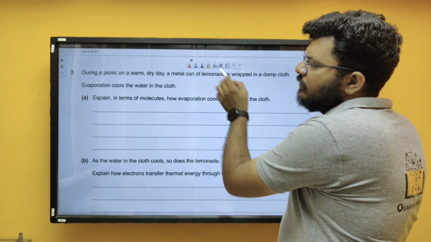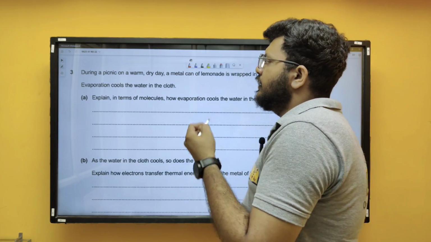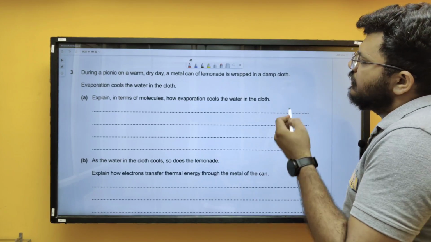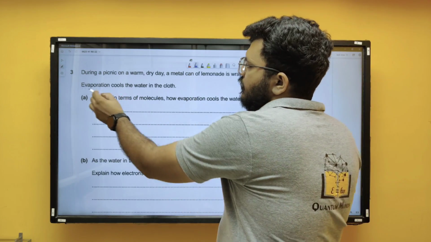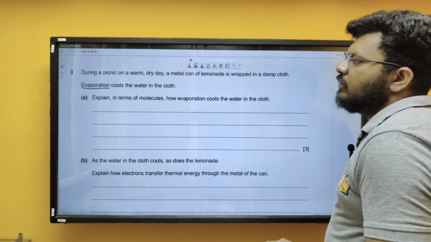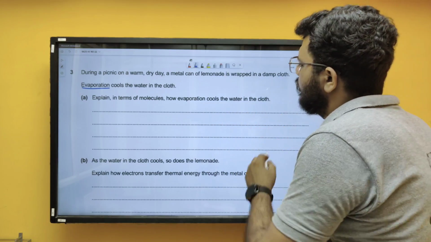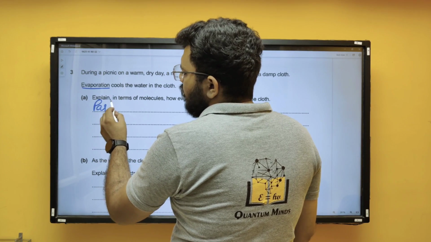Then we have third question. During a picnic on a warm, dry day, a metal can of lemonade is wrapped in a damp cloth. Evaporation cools the water in the cloth. Explain in terms of molecules how evaporation cools the water in the cloth. So what happens is particles or water molecules, right?